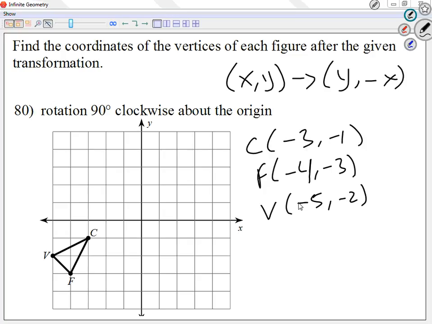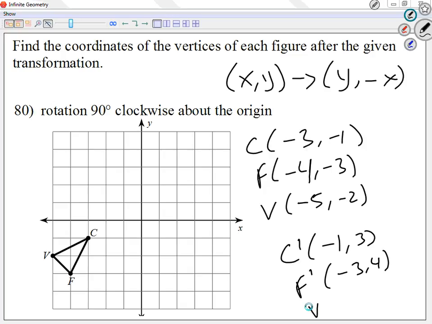So for c prime, I'm going to call this -1, +3. Notice how they got swapped, the x and the y. The value that was x, I changed the sign. It was negative, so I made it positive. My f prime, I'm going to call this -3, +4. They got swapped, and the one that was x, I changed the sign.